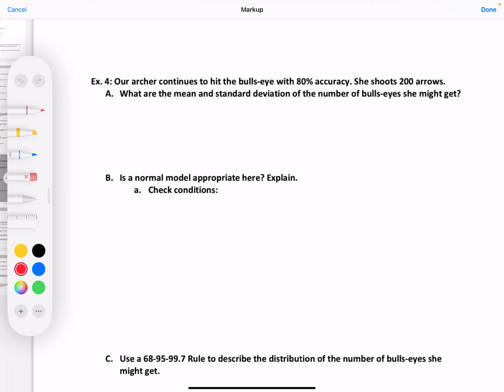So we use the same formula, right? You're using the formulas we just did. Okay, so mu equals N times P. So that'll be 200 times 0.8. You know what that is since you're so good at math in your head. It's 160. 160 bullseyes.